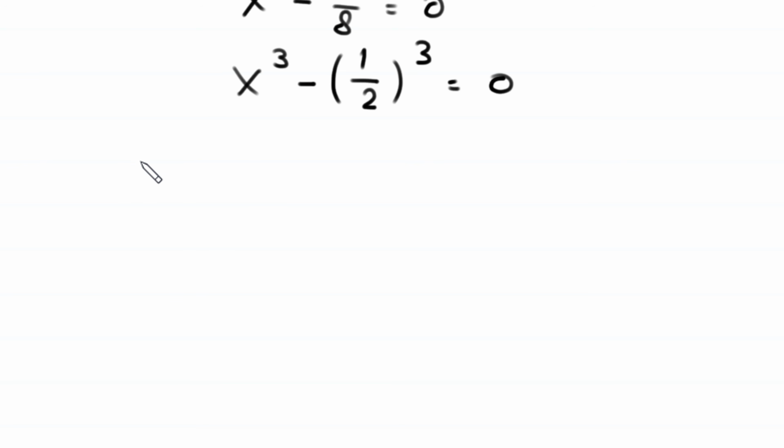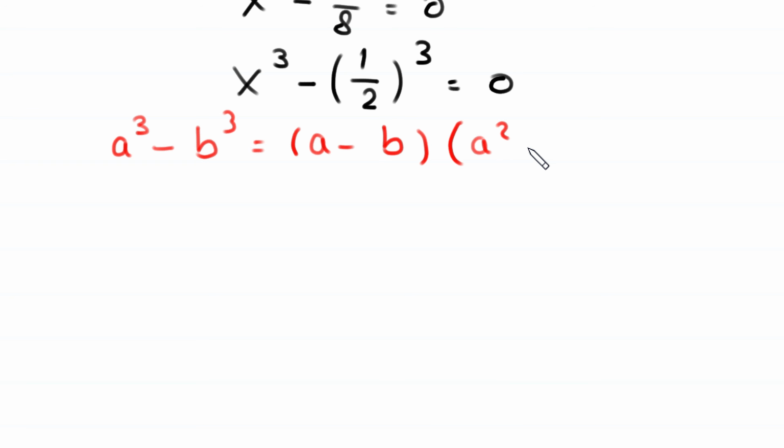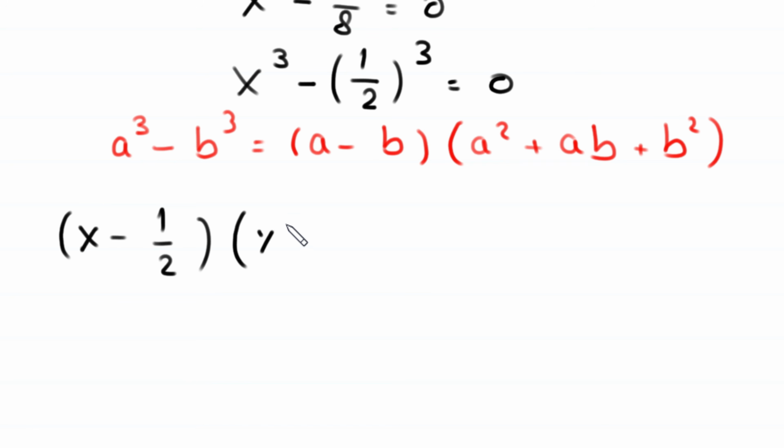By using this algebraic identity, a cubed minus b cubed equals a minus b times a squared plus a times b plus b squared, the expression x cubed minus 1 over 2 whole cubed will become x minus 1 over 2 times x squared plus x times 1 over 2, which is x over 2, plus 1 over 2 squared, which is 1 over 4, equals 0.